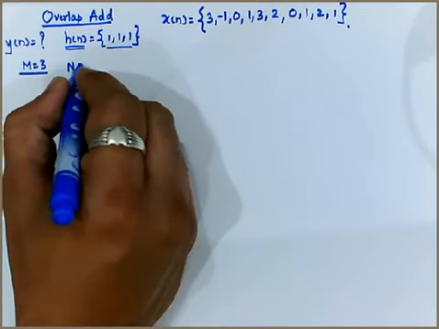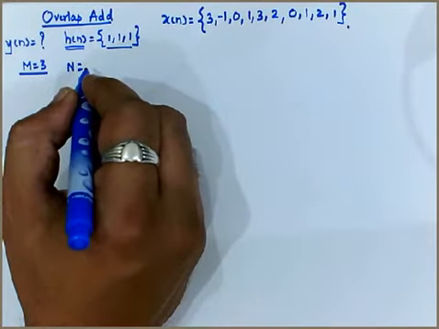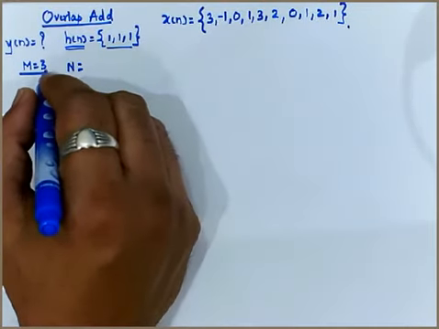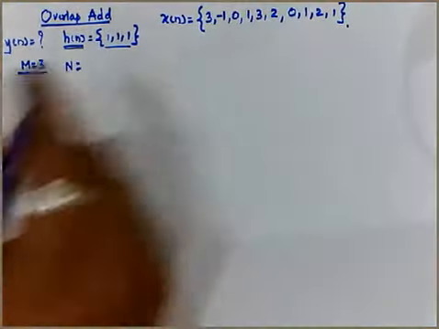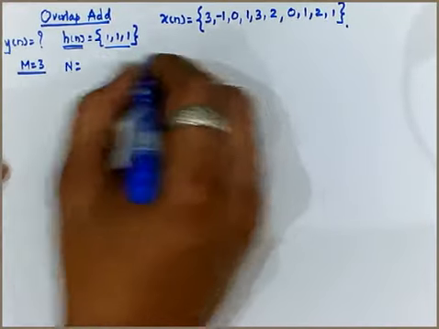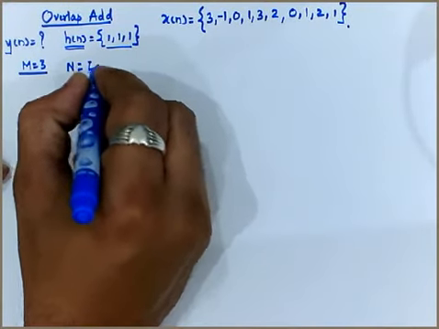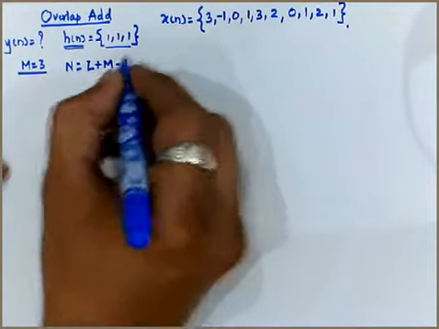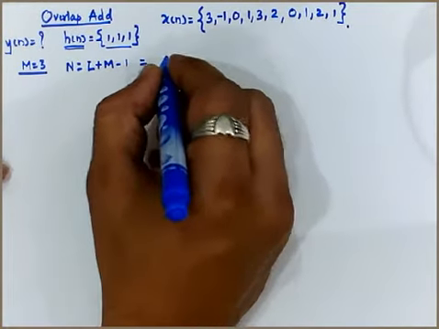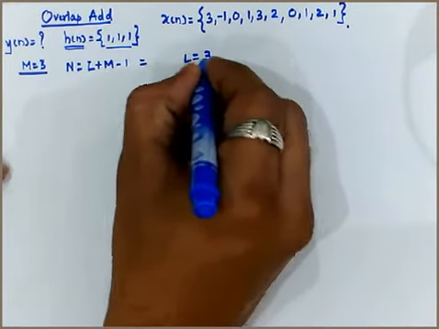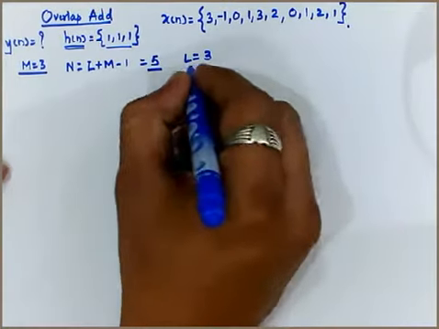For N, L will be selected more than the value of M. For simplicity, let's say I am going for L equal to 3 case. So N will become L plus M minus 1. If L is 3, then N will obviously be 5.